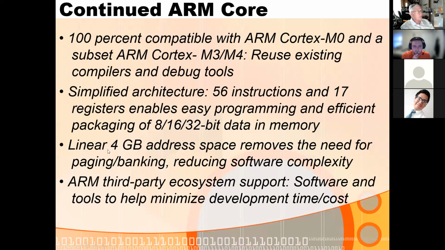Again, it does have this linear 4 GB address space with a 32-bit address line, which is just an incredible amount of address space for the actual existing hardware you have to address. You've got 128K of flash memory. You've got, I forget whether it's 8 or 16 or 12K of RAM, but it's something like that. It's not too much.